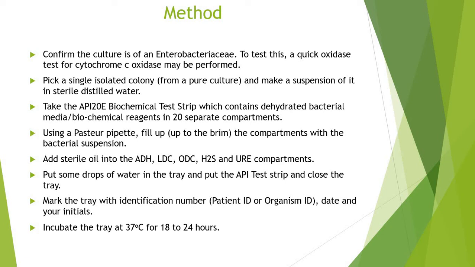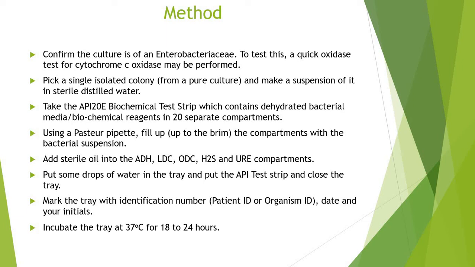Take the API kit and remove one strip. It contains hydrated biochemical media or chemical reagents in 20 separate compartments. Using a Pasteur pipette, fill up these microtubes, these capsules, up to the brim with the bacterial suspension.